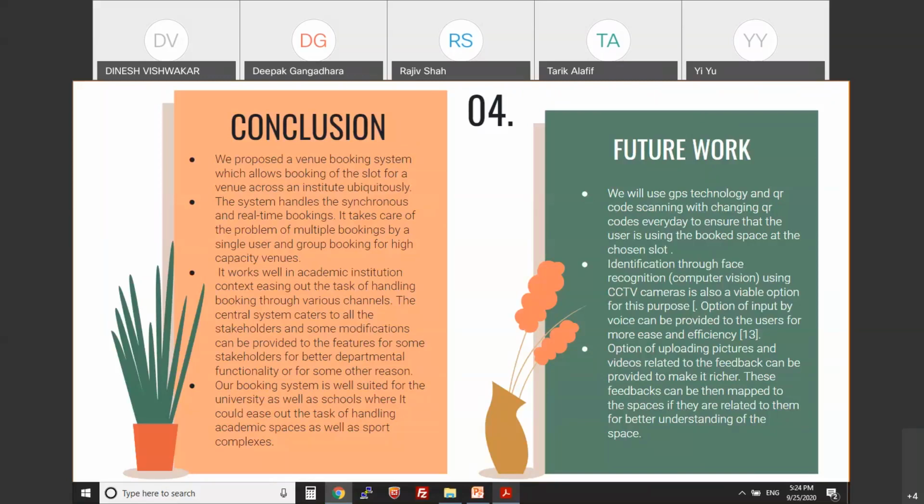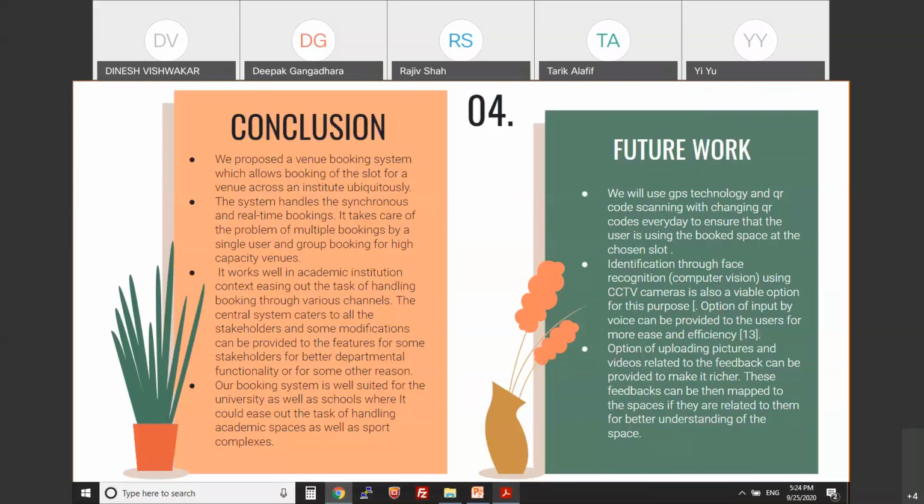So this is the attendance aspect of the system, whether the user who has booked the space is actually using it or not. Identification through face recognition using CCTV cameras is also a viable option for this purpose, because we have multiple CCTV cameras in this institution, IIIT. So this can also be done.